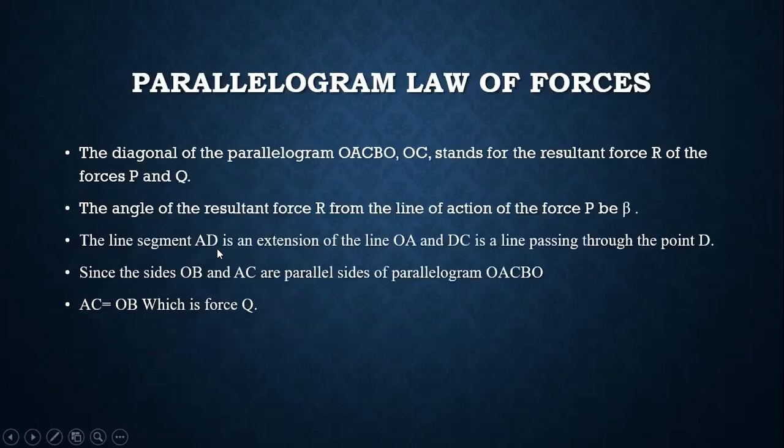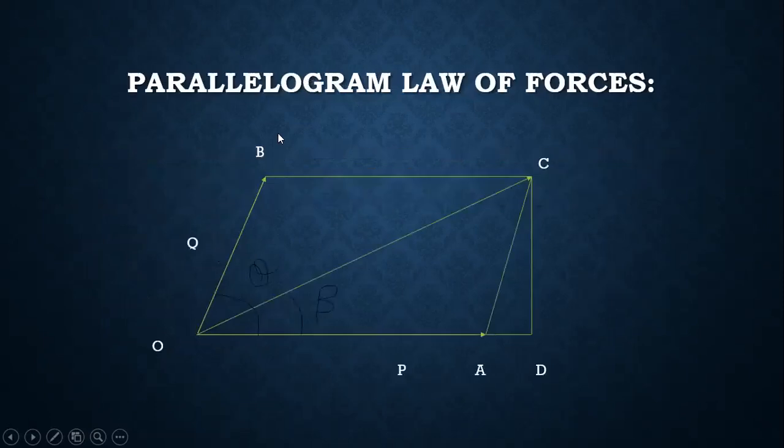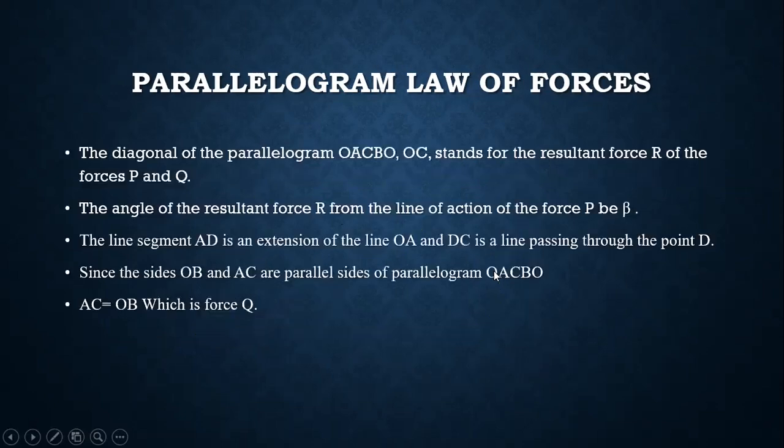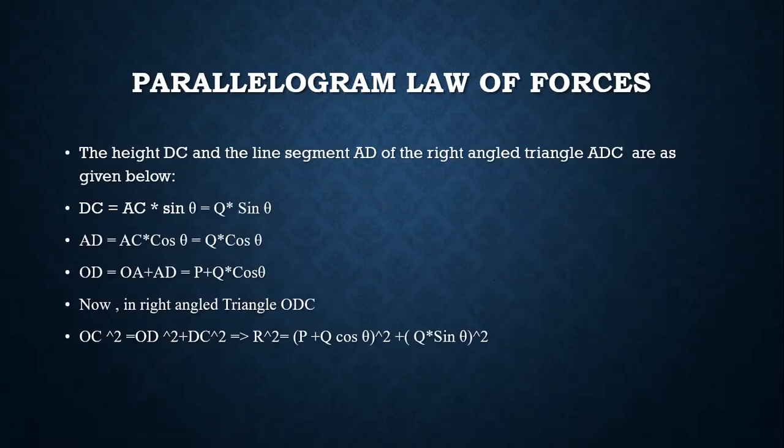So we consider that OB and AC both have the force vector Q. When the force is resolved vertically and horizontally, we have to put sine theta and cos theta. This is the basic rule of thumb for resolving the forces into vertical and horizontal components.